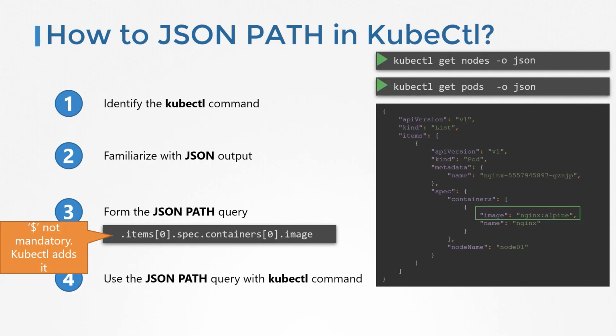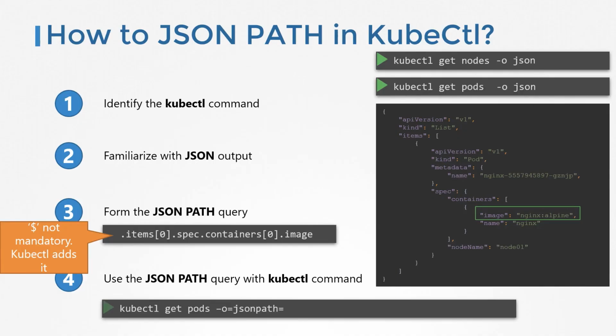And finally, use the query you developed with the same kubectl command. To do that, use the -o jsonpath option and pass in the same JSON path query that you just developed. Remember, you must encapsulate the JSON path query within a pair of single quotes and curly braces, like this.